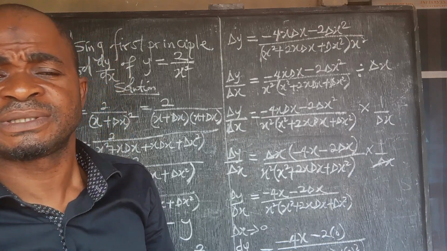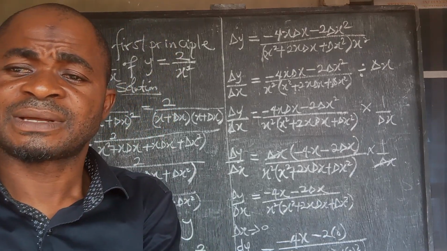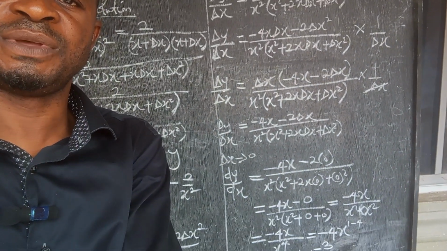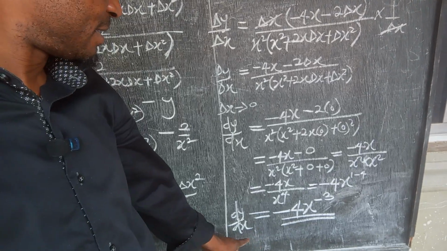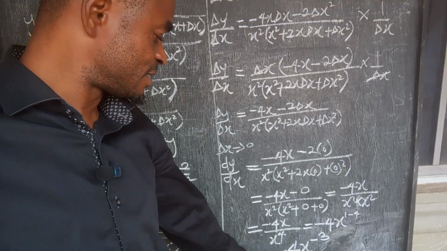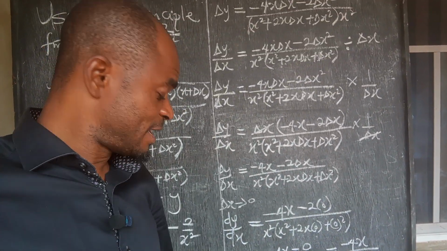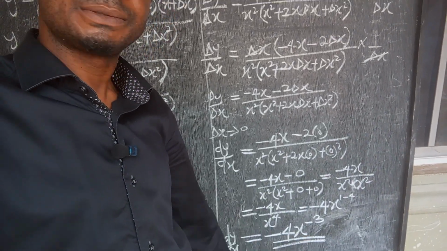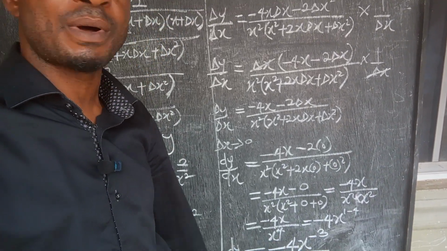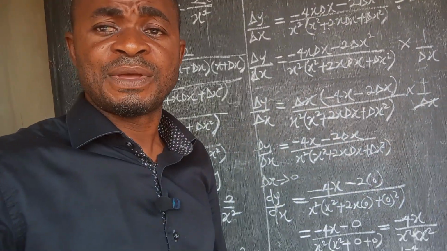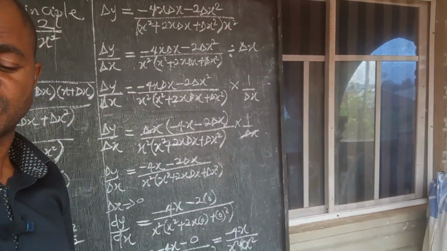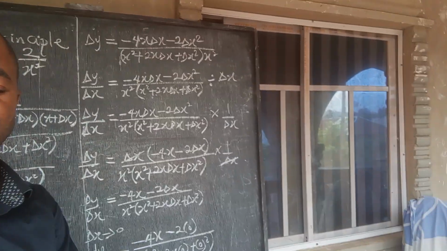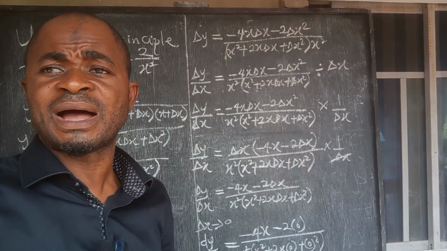Can you now see that it is not so hard? You can see that our answer, dy ds, is minus 4s raised to power minus 3. It is as simple as that, not hard at all.